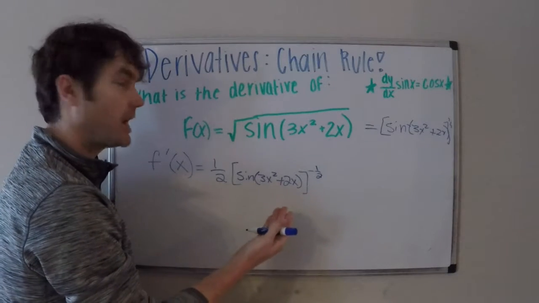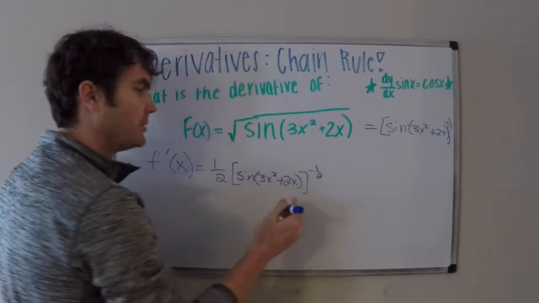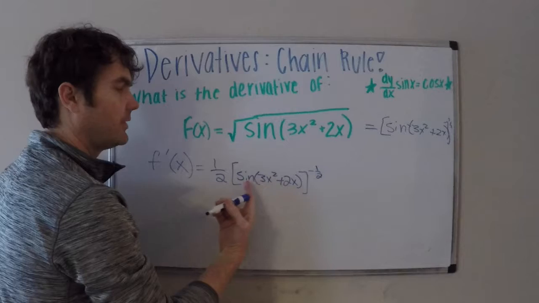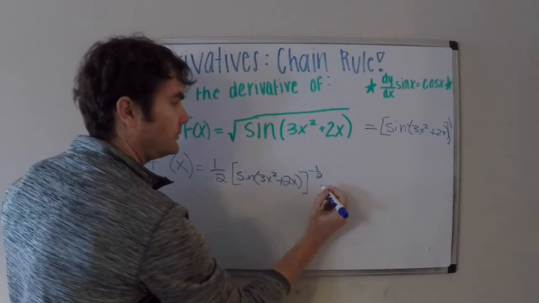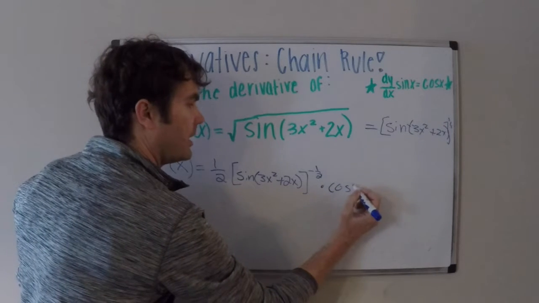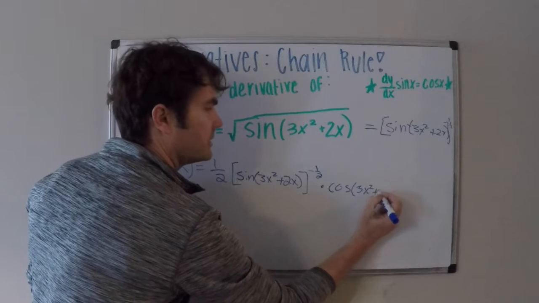Now we have to apply the chain rule. All we've done is apply that general power rule. Chain rule says we must now multiply this by the derivative of the inside. So the derivative of sine is cosine. I'm going to multiply this by cosine of 3x squared plus 2x.